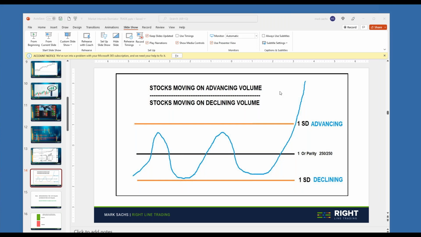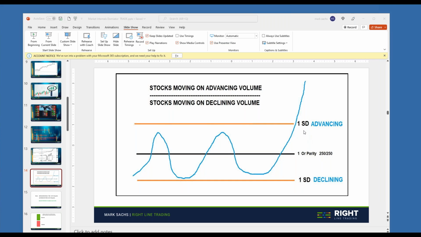Now, if that ratio is not one standard deviation away from parity, you can see this is the S&P 500. Its parity is 250 over 250.